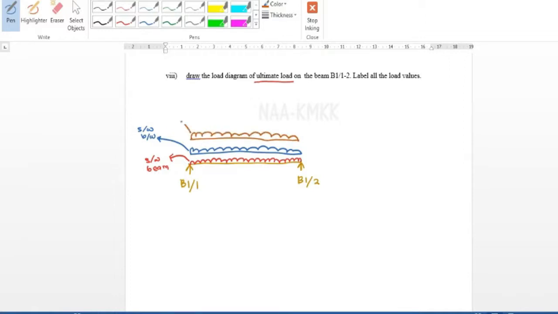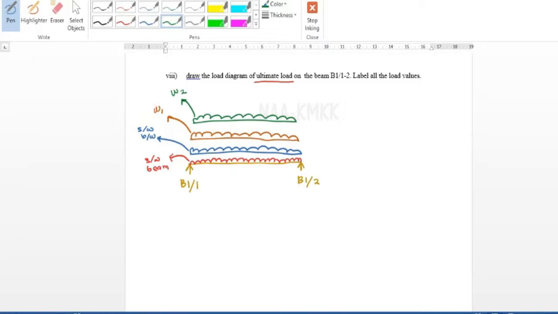It also supports W1, and it also supports W2. Can you get it? Just catch the load diagram first. On beam B112, we know it supports its self-weight, the self-weight with wall, W1, and also W2.